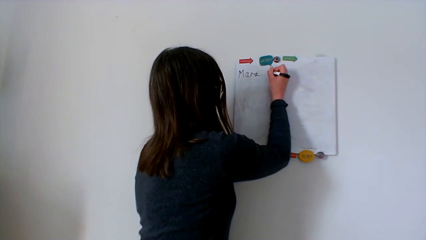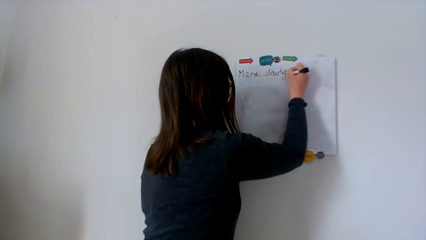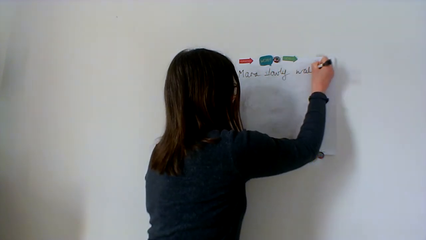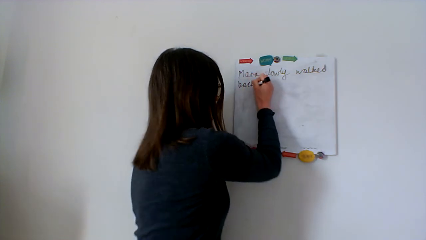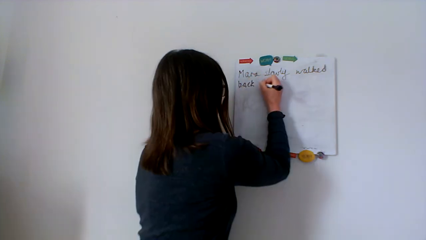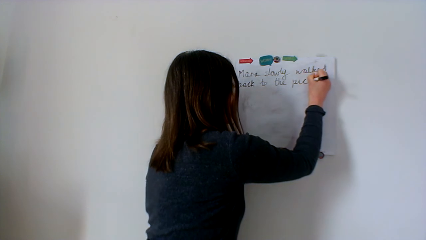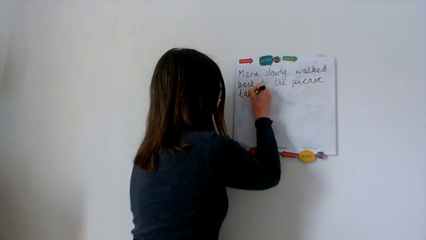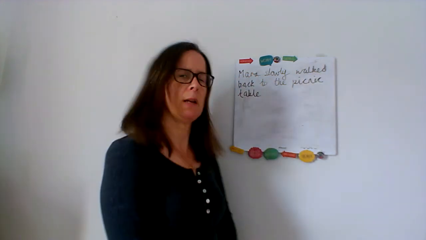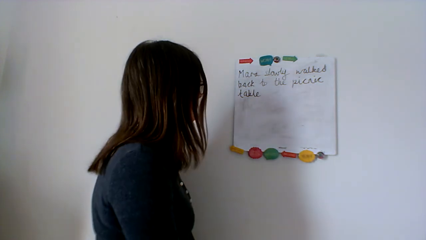So I'm going to say Mara slowly walked back. Where did she walk back to? I think it's like a picnic table, isn't it, where she's trying to sort out her plane. Mara slowly walked back, excuse me, to the picnic table.